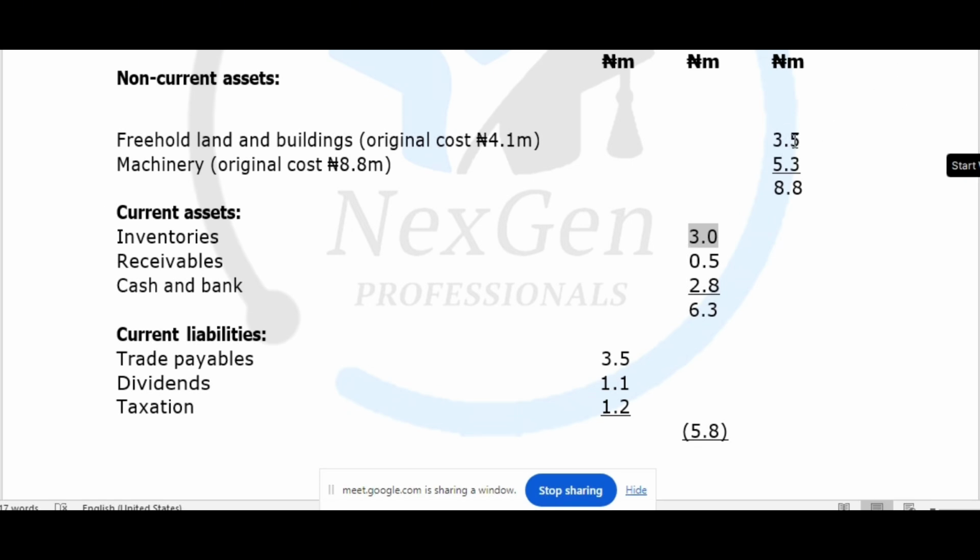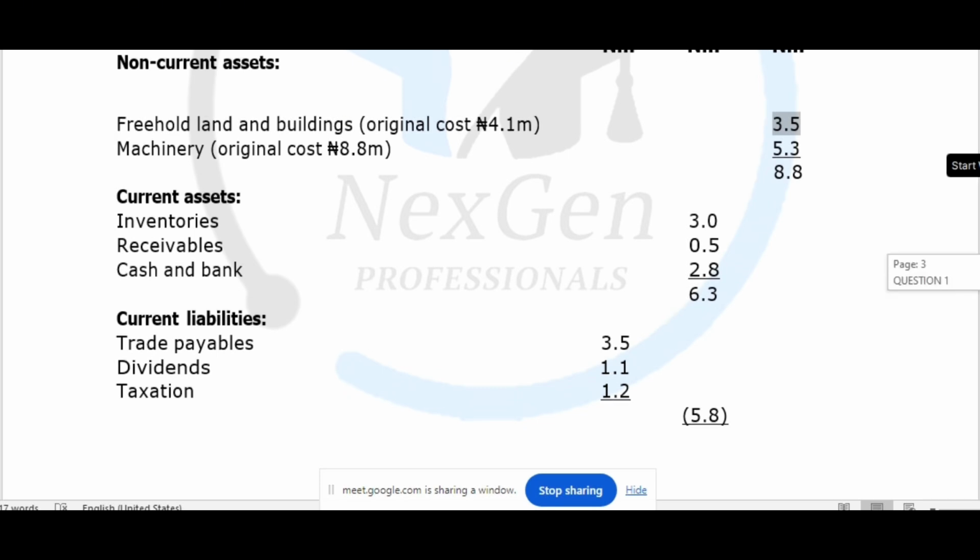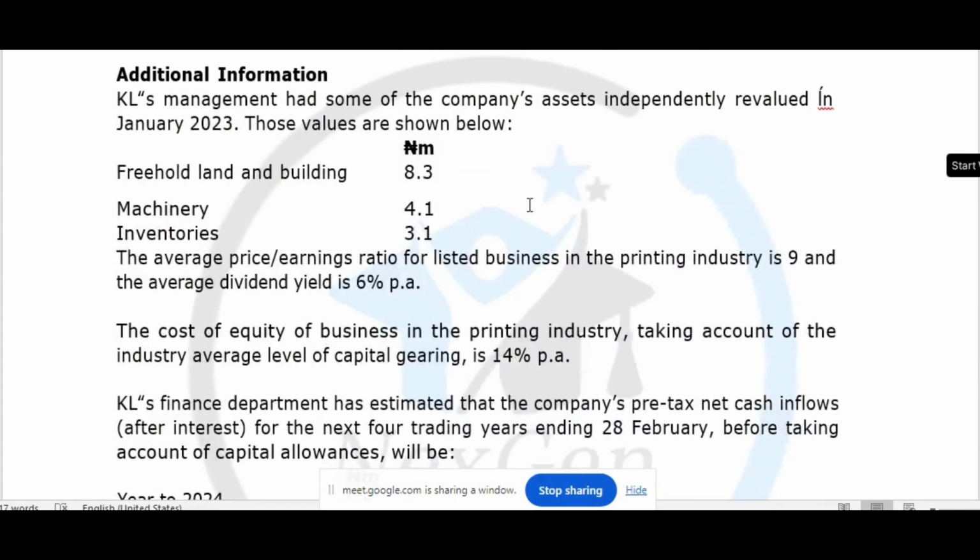Don't forget that we will change the freehold premises to 8.3. We will change machinery to 4.1. Are we together? We will change only inventory to 3.1.